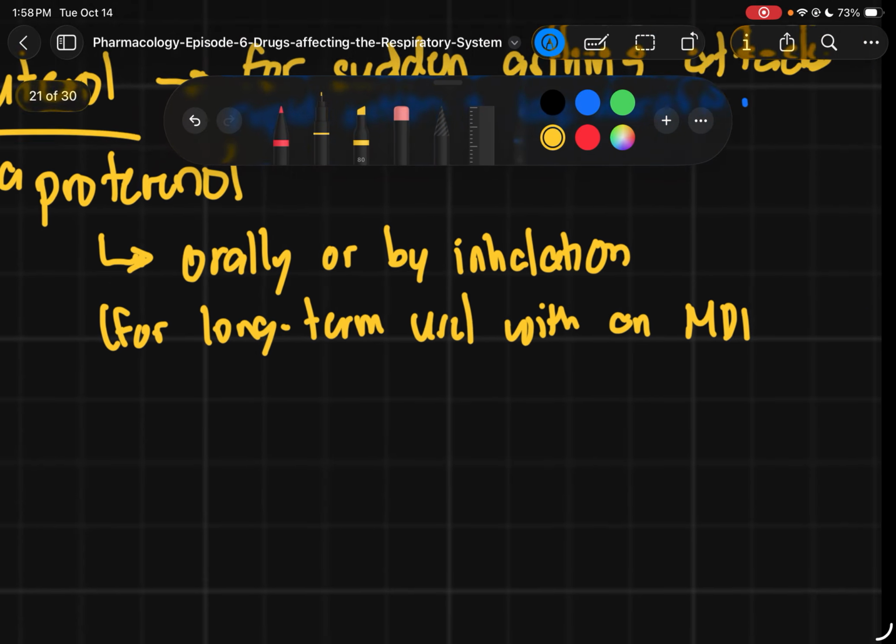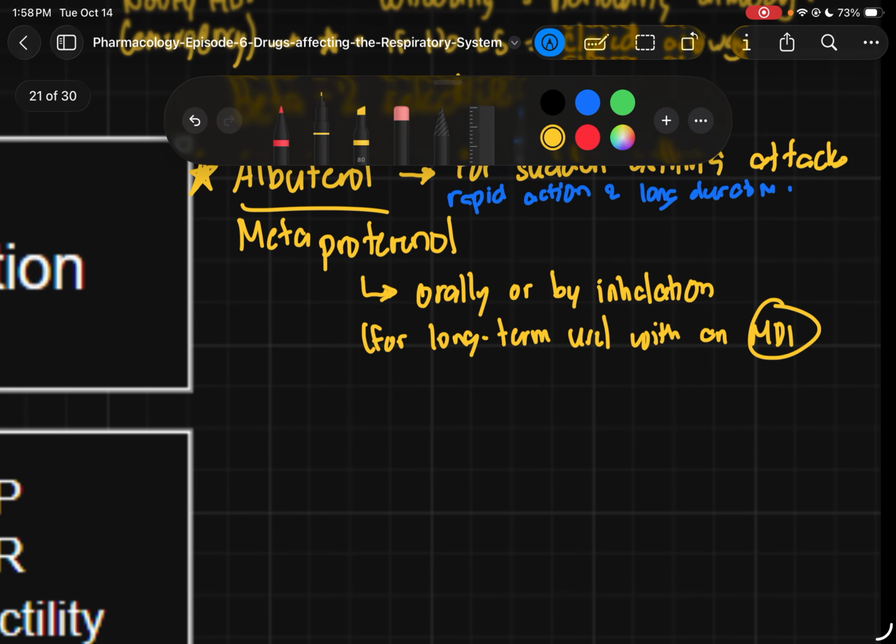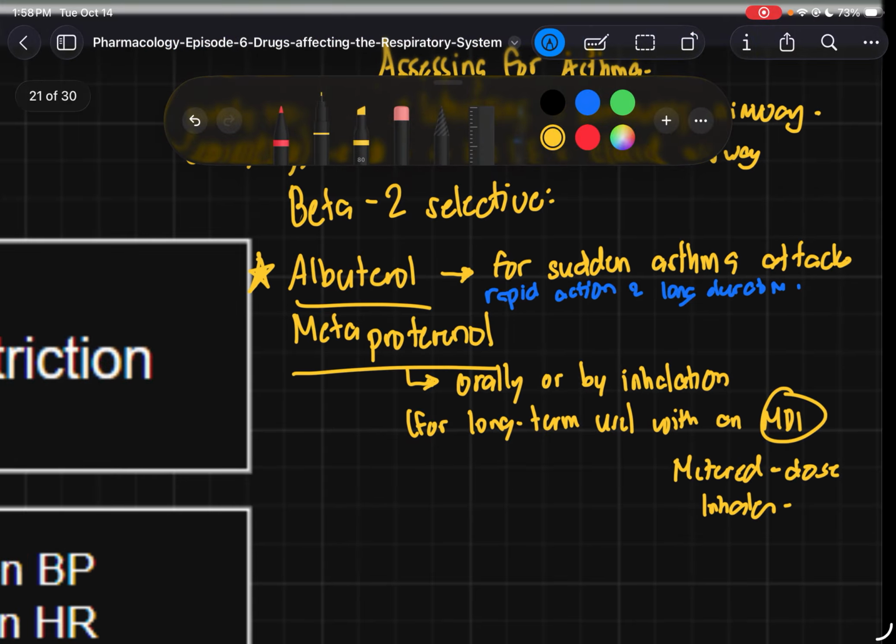When we say MDI, we are referring to a metered dose inhaler. So don't worry, you will be taught how to use an inhaler when you discuss nebulization in your third year. Both of these drugs are given by inhalation.